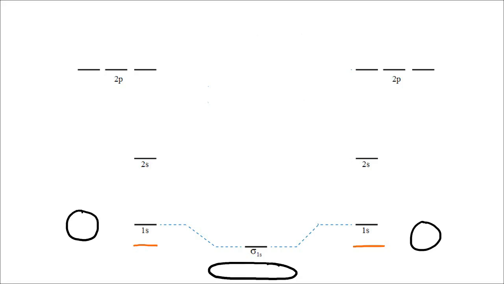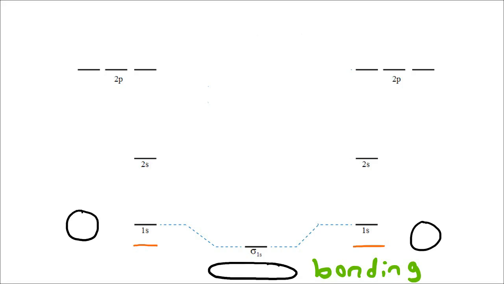Here you can see how these two s orbitals come together and overlap to give you this bigger orbital, named by the Greek letter sigma. That helps the atoms stick together, and so it's called a bonding orbital.